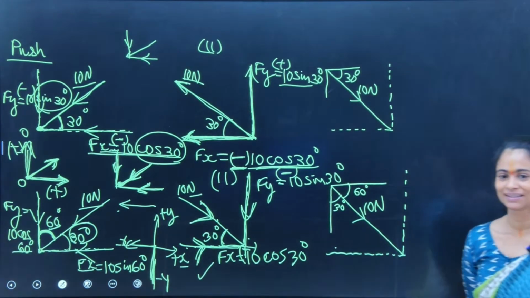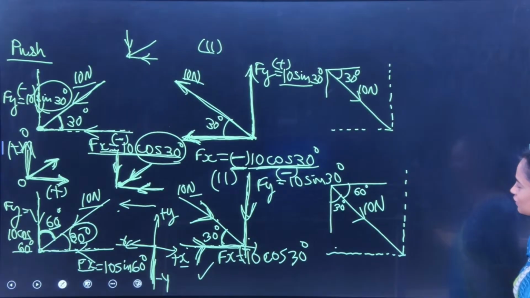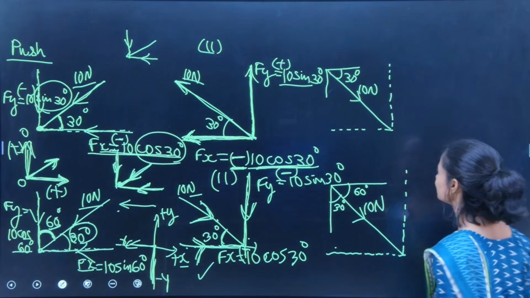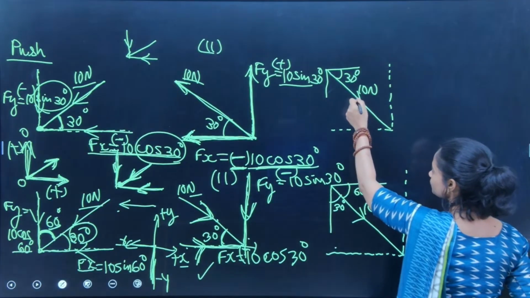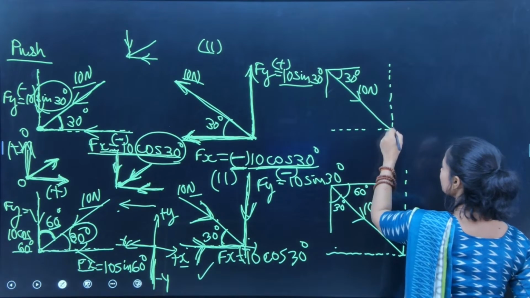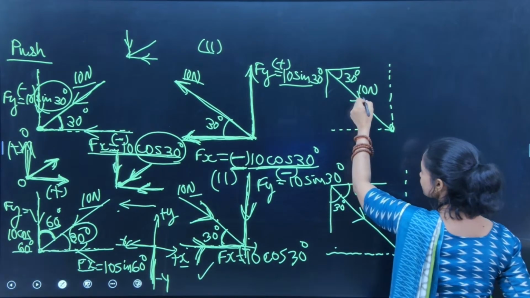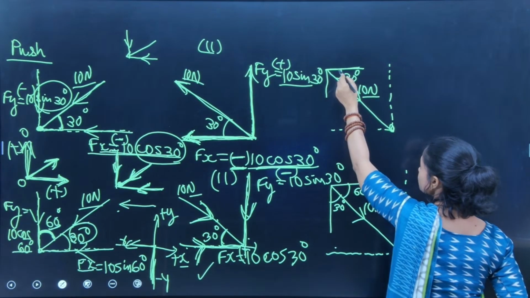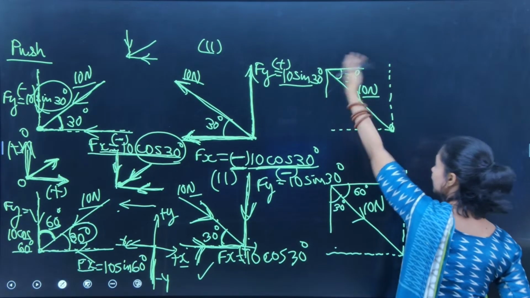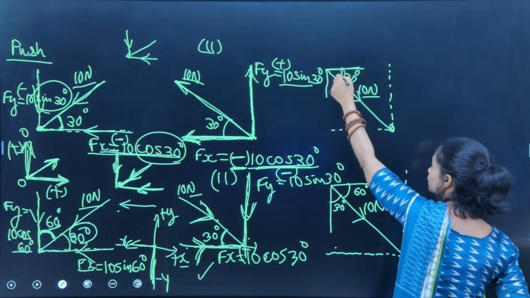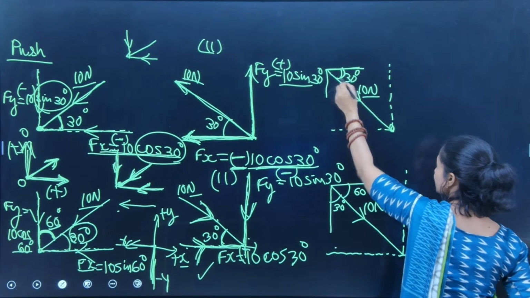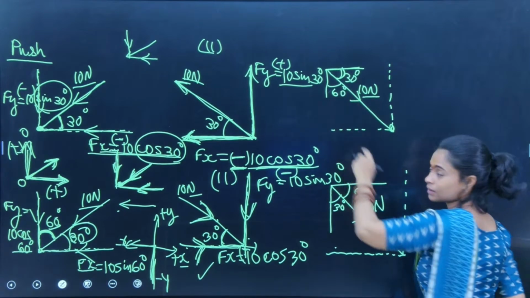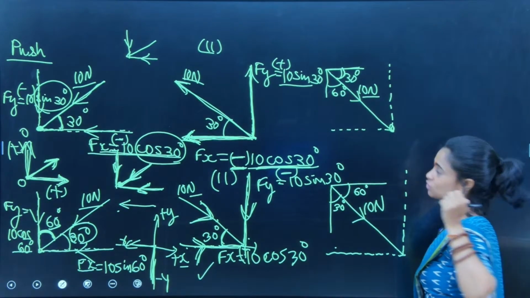Okay, let's move ahead to see two more cases. See, the same push type force, a push type force here, the same 10 Newton force. The angle of inclination of the force with the horizontal is 30, but it is given indirectly in that way. So if this is 30, I can say that this is going to be 60, okay. In two ways you can go about this problem.